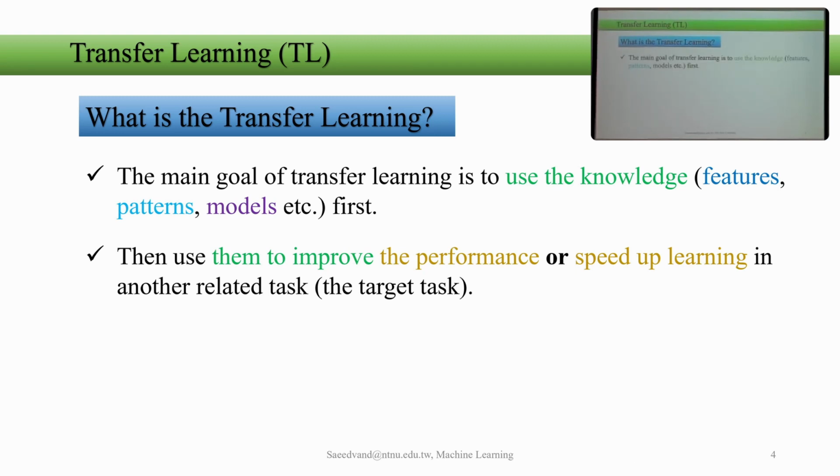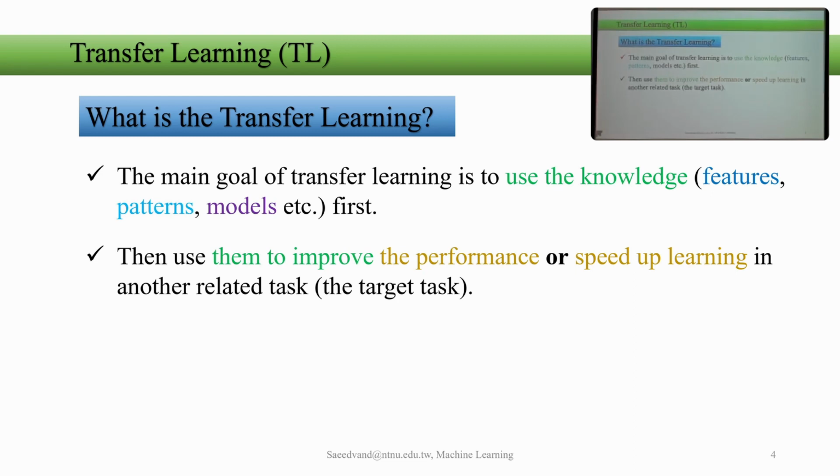So the main goal is clear: to use the knowledge. In the new network, this knowledge can include features, patterns, or models, or whatever we can transfer from our existing model to the new model.